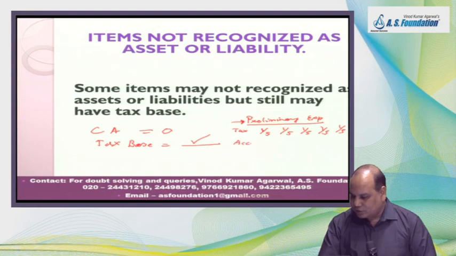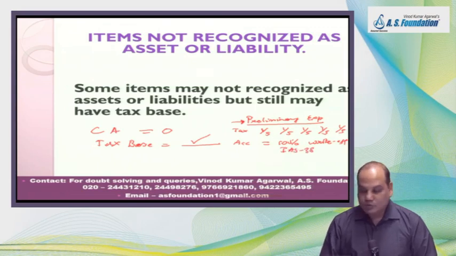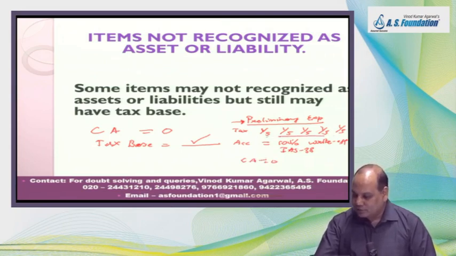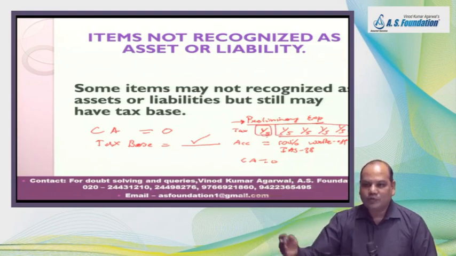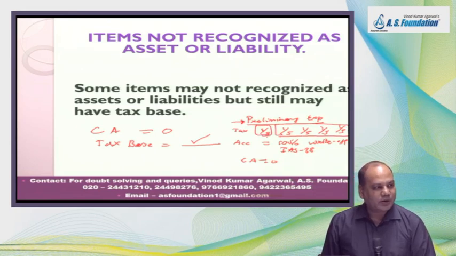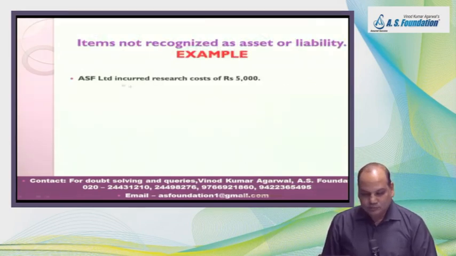For accounting purpose, it is 100% written off in the first year under IAS 38. So now its carrying amount is 0, but it will have a future tax benefit. One fifth you will get this year, the remaining four fifths you will get in future years as a benefit under the tax law. So it will have a tax base.